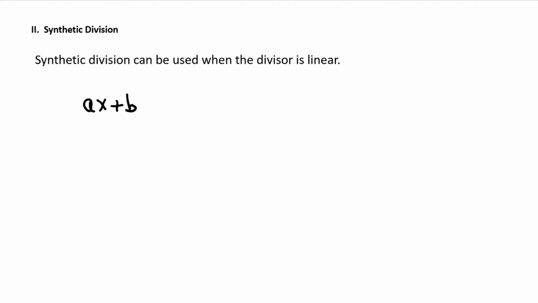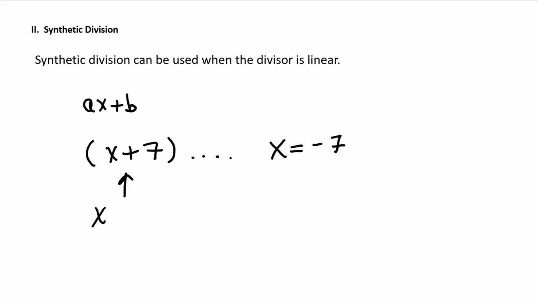So for example, if you have a divisor that is x plus 7, then in synthetic division you would use x equals negative 7. We are looking for where the divisor equals 0. So if you write x plus 7 equals 0, solving for x will give you that x equals negative 7. Let's do one more.